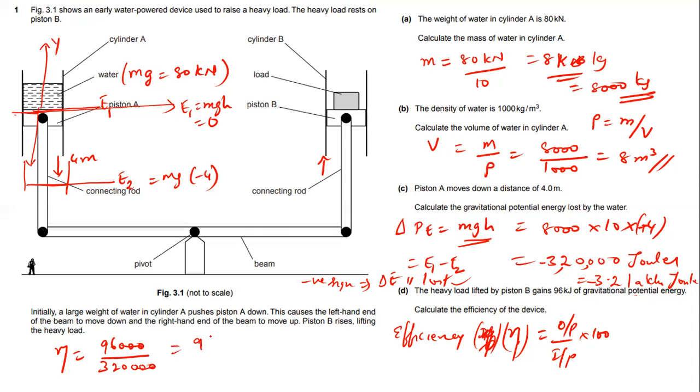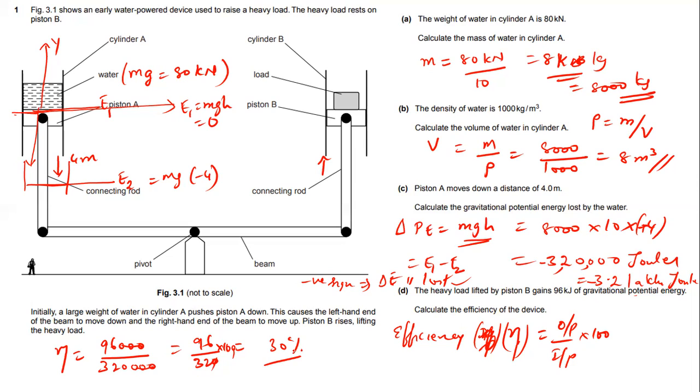Can you tell me what is the answer for 96 by 320, multiplied by 100? 32 3s are 96, right? Yeah. So this is 3 and this is 10. Multiply this, it is 30% here. Yeah. Okay, so the answer is 30%.